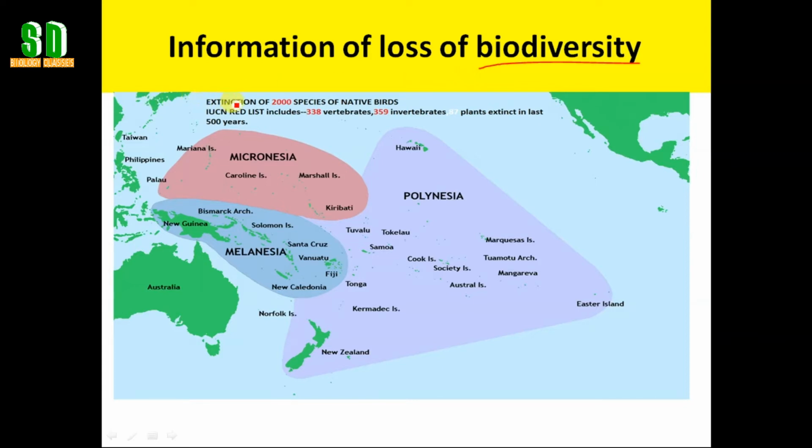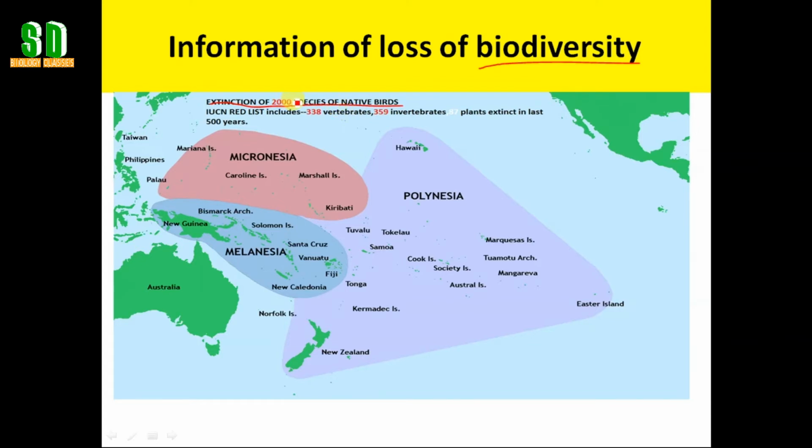Now we have some examples where we can see that due to human activities and overpopulation, loss of biodiversity occurs in our surroundings. For example, here you can see the map of the tropical Pacific Islands. Here, due to the colonization of the tropical Pacific Islands by humans, the extinction of 2000 species of native birds occurred.